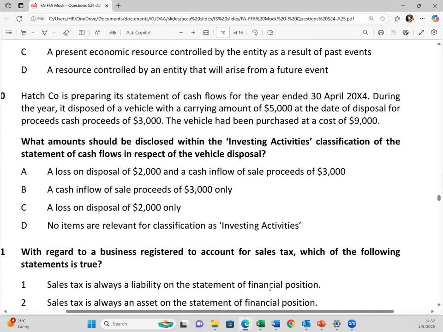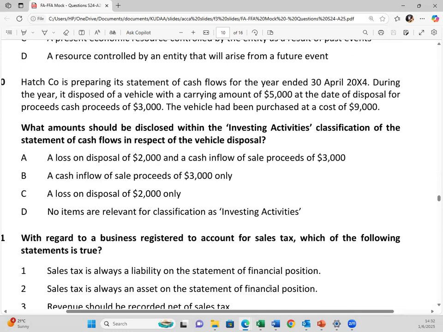Each company is preparing its statement of cash flow for the year ended 30 April 2024. During the year, it disposed of a vehicle with a carrying amount of 5. At the date of disposal, proceeds of cash of 3,000. The vehicle had been purchased at a cost of 9,000.